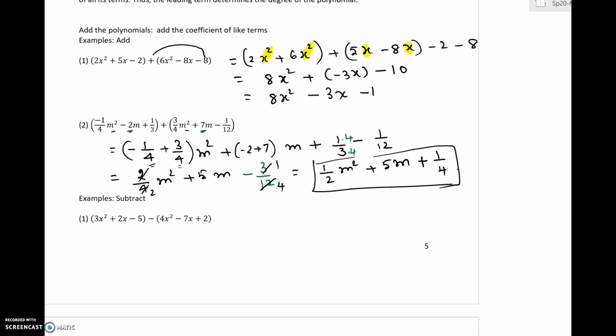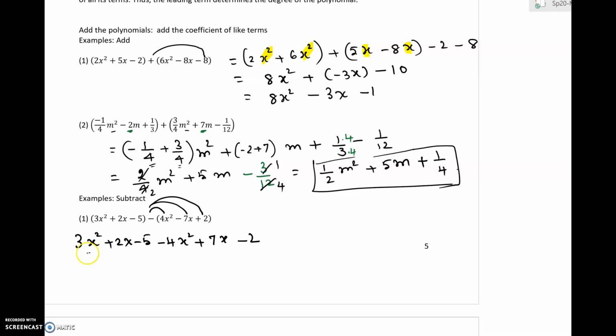Let's now subtract. When you subtract, you keep the first polynomial as is. Then distribute the minus sign. So negative 4x squared, the negative negative will be positive 7x, then you have a minus 2.